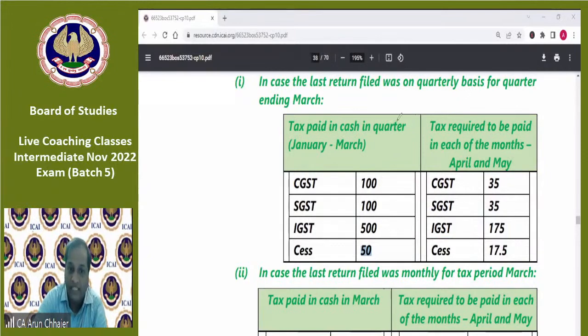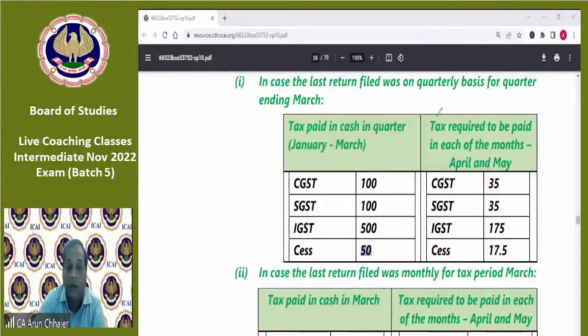So how much liability have I paid in cash? Do not forget to write the word cash. How much liability have I paid in cash in the preceding quarter? 100 rupees. So for month 1 and month 2, you will pay a similar amount under each head.